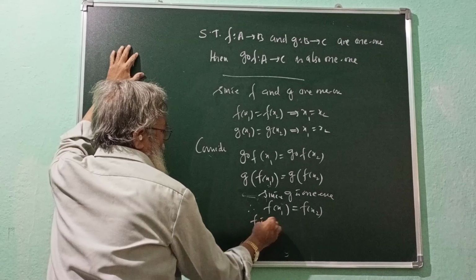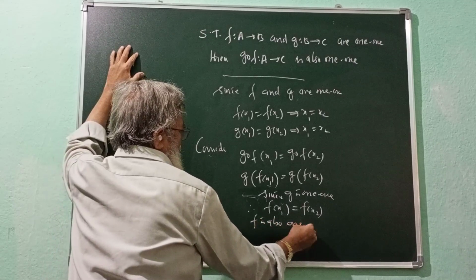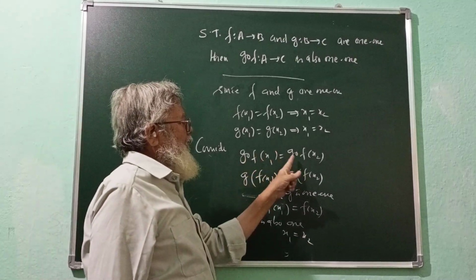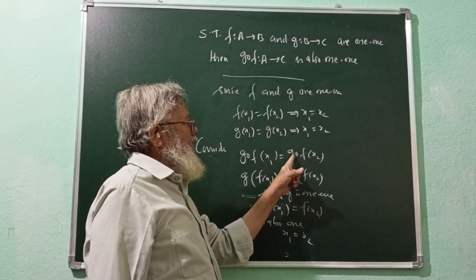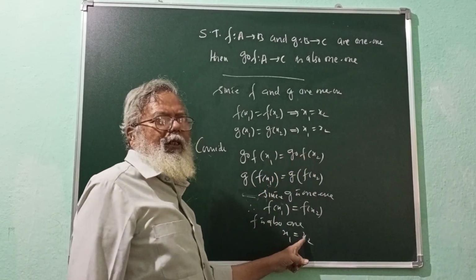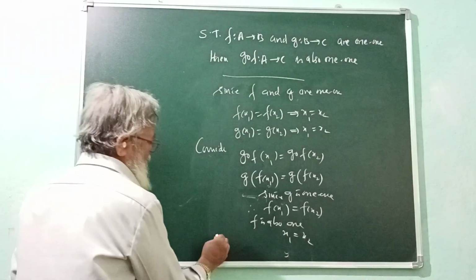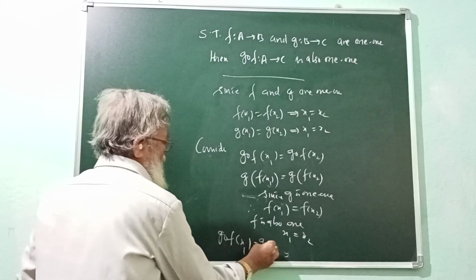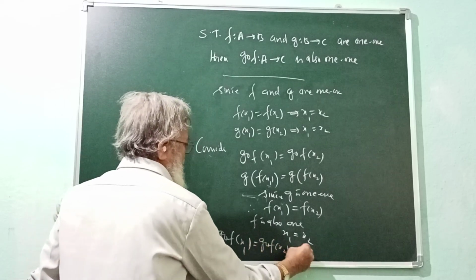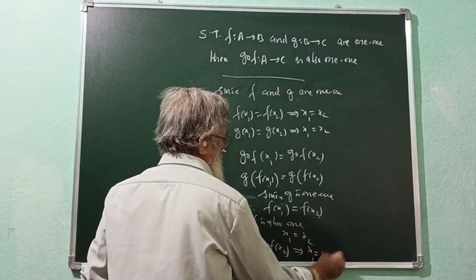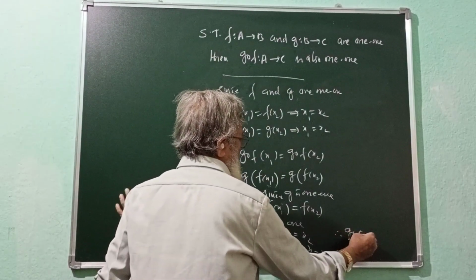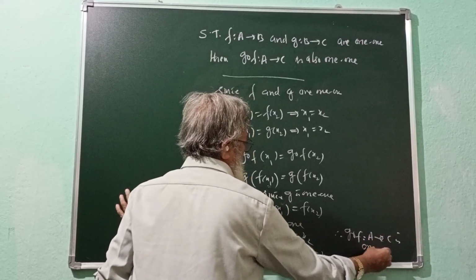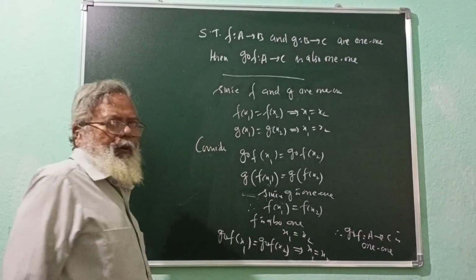Again, f is also 1-1, therefore x1 is equal to x2. Therefore, g composition f of x1 equals g composition f of x2 implies x1 is equal to x2. Therefore, g composition f from A to C is also 1-1, proved.